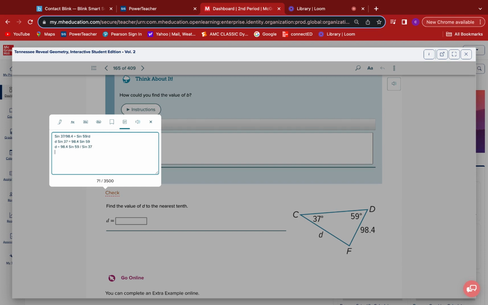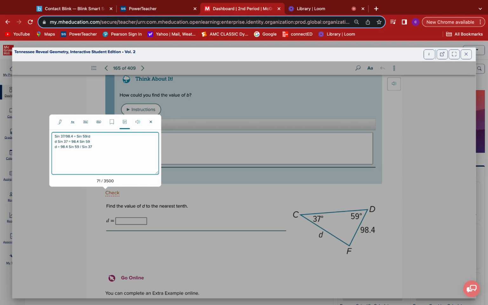All right, grab a calculator. You want a fraction, so we can tell our calculator exactly what's being multiplied up top and then exactly what you're dividing by. So up top, put 98.4 times the sine of 59. 59 is what goes in the parentheses because that's your theta, that's your angle, divided by the sine of 37.